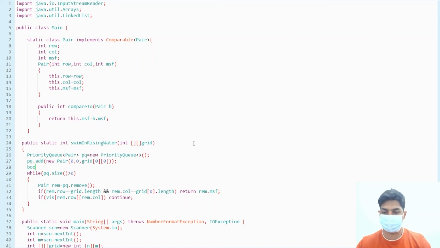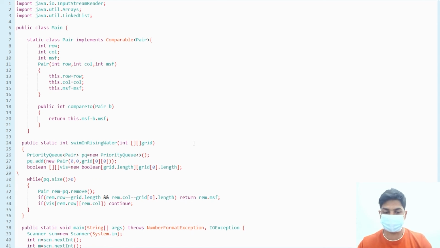So let's make a boolean 2-dimensional array visited equals new boolean of grid dot length and grid of 0 dot length. This will be used for marking visited.